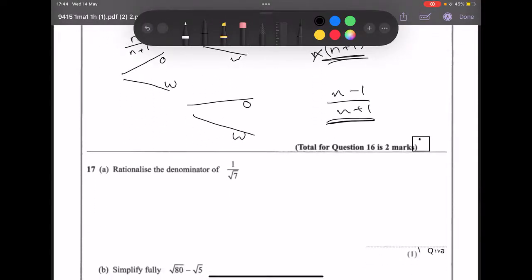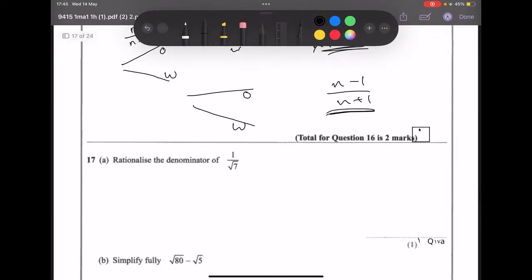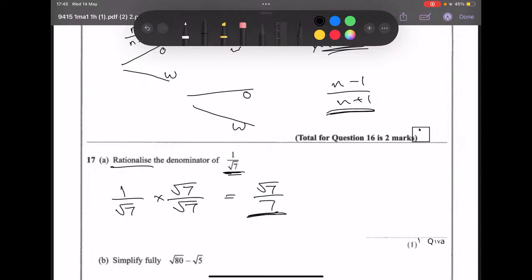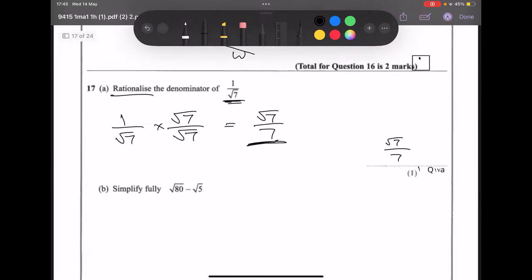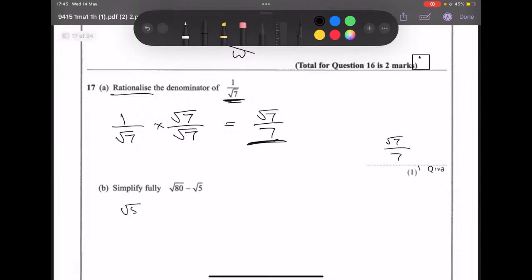Now 17, rationalize the denominator of 1 over root 7. To rationalize, we have to get rid of the surd on the bottom of the fraction. So to do that, we multiply by root 7 over root 7, and that gives us root 7 over 7, and that's rationalized. 1 mark. Simplify fully root 80 subtract root 5.